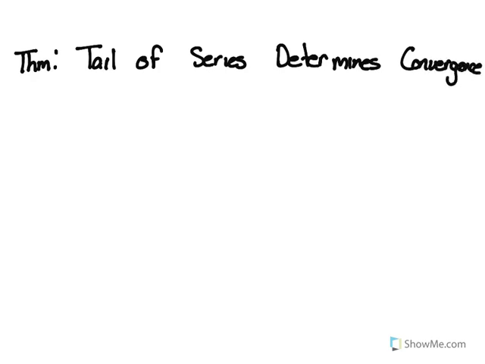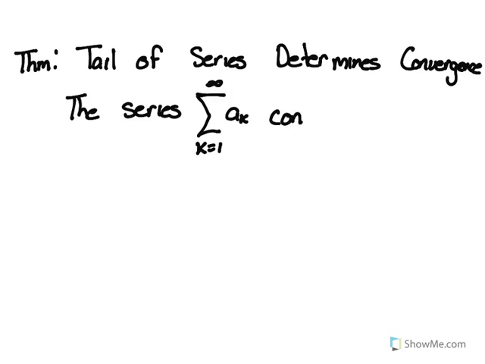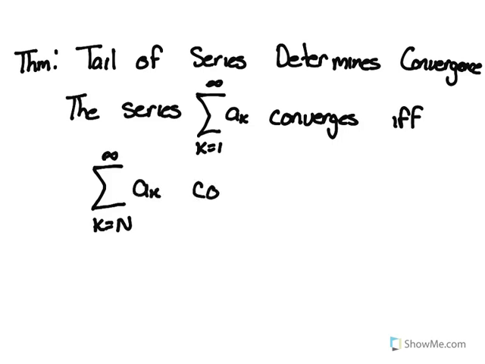This means that the theorem is: the series a_k starting at k equals 1 to infinity converges if and only if the series starting at some n of a_k converges, for all n.